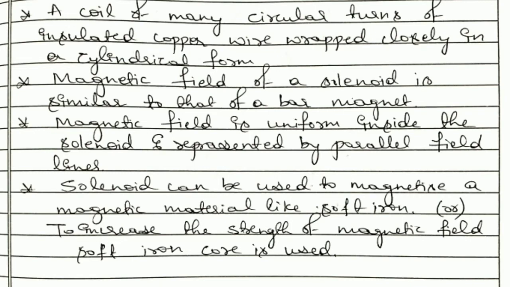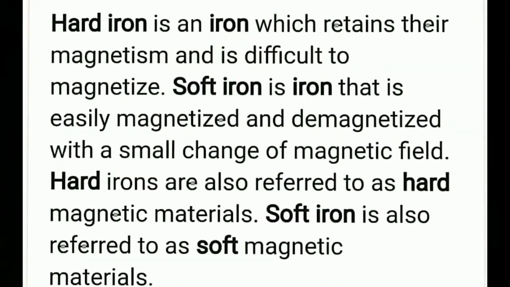This point explains that for better magnetic field lines we use iron inside the solenoid, and here we are taking soft iron. We know that besides soft iron, there is another thing, hard iron. Both are iron only. Soft iron doesn't mean it is the softest material.